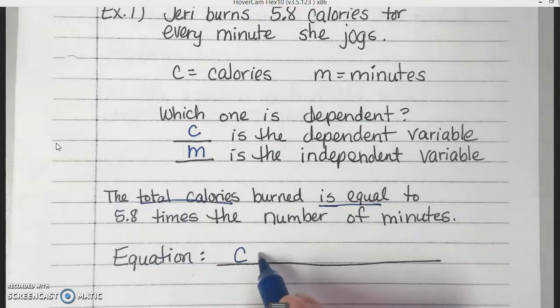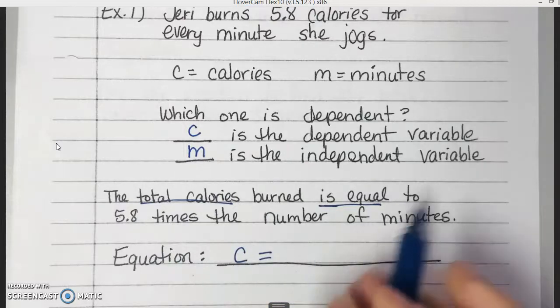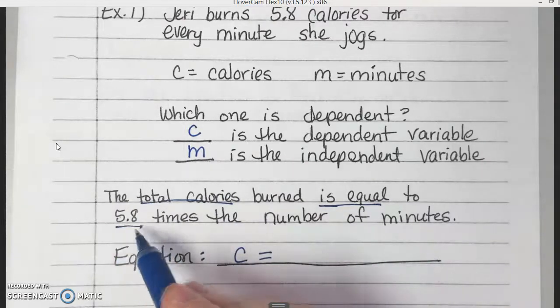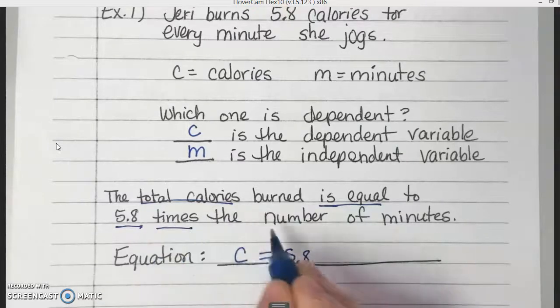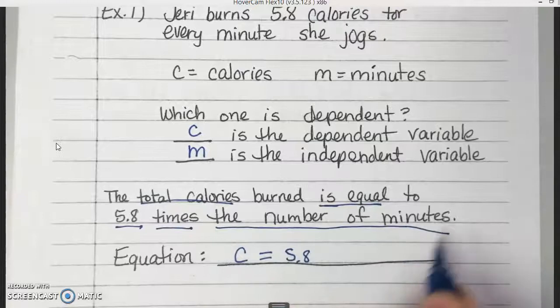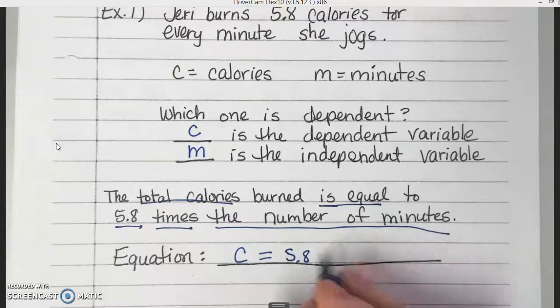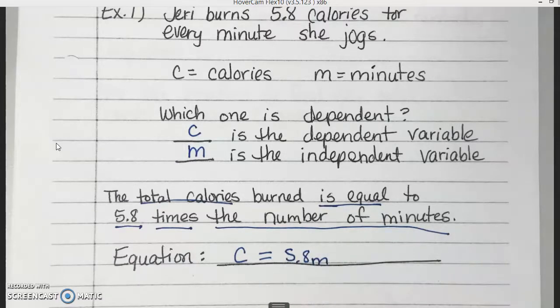C equals. Then I have 5.8 times the number of minutes. What's the number of minutes? It's just M. So times M, or just put the M there, and that automatically means times M. So we have the equation. C equals 5.8 times M.